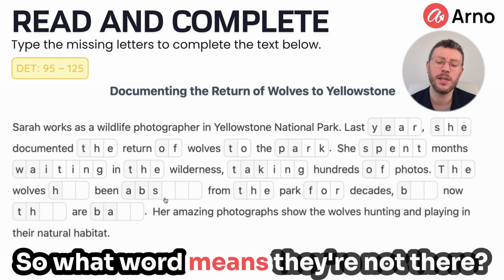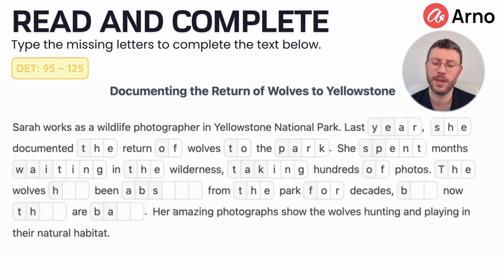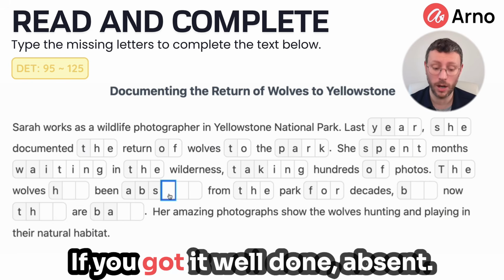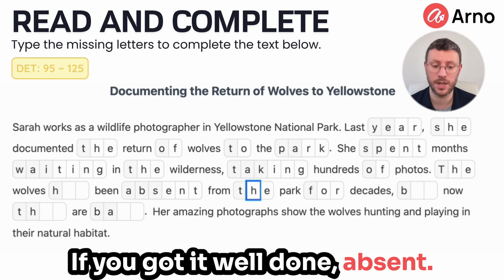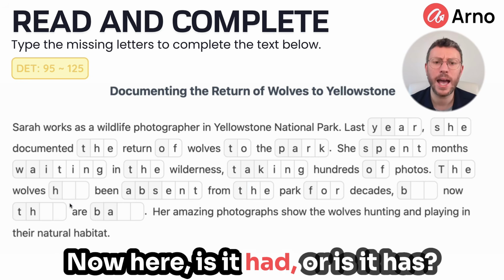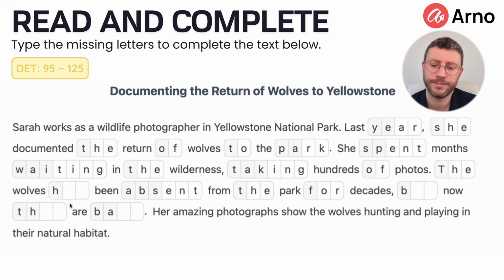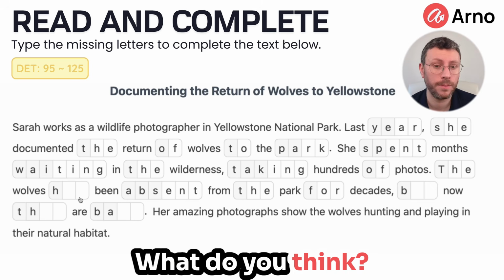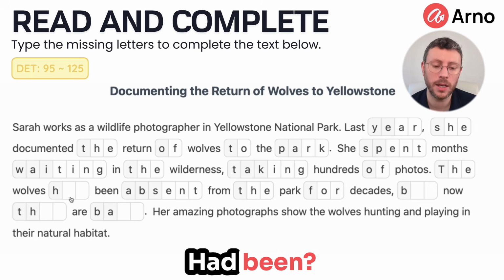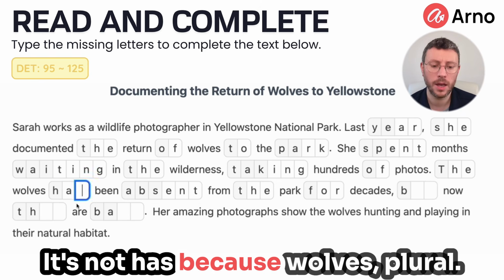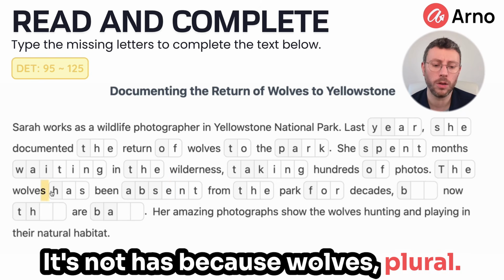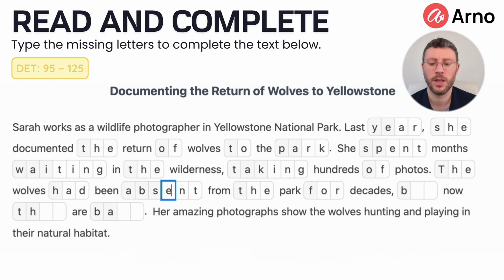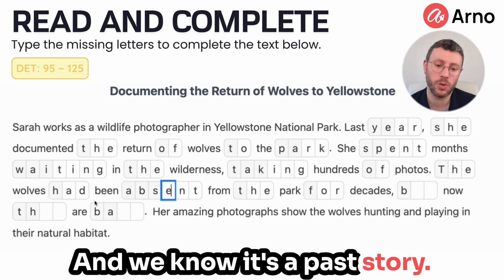So what word means they're not there? Do you know it? If you got it, well done. Absent. Now here, is it had or is it has? The wolves, what do you think? Yeah, had been. It's not has because wolves plural, right? The wolves have. So it's had. And we know it's a past story.